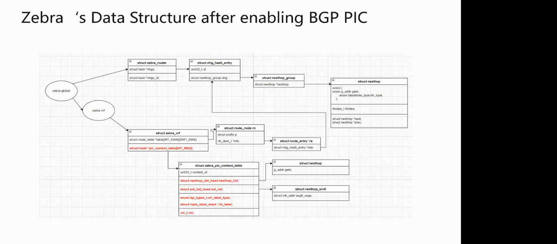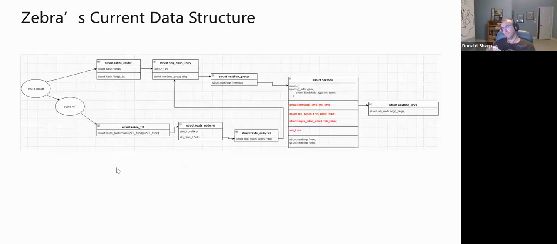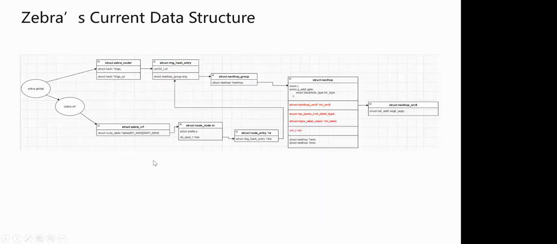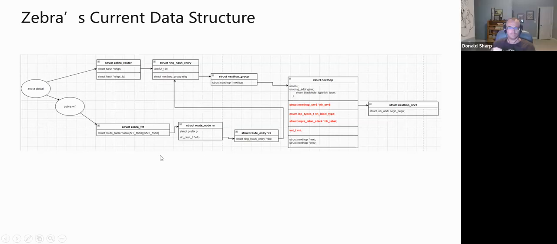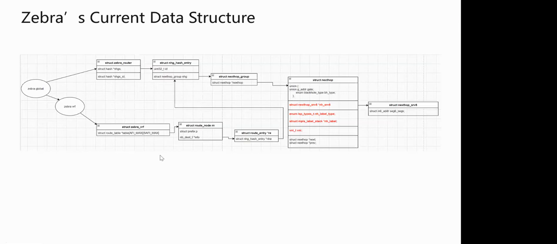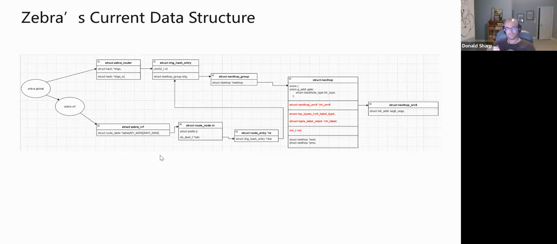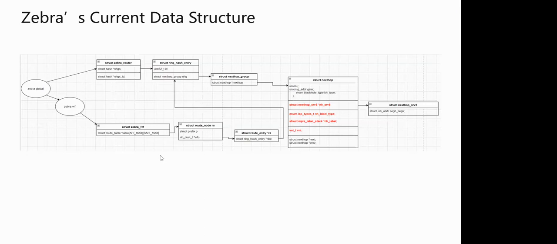So, can you go back to the original data structure? Yeah. So currently this is a part of the nexthop, right? We didn't put any PIC table in the VRF context. Now we want to move out this red part and have a separate object in Zebra.